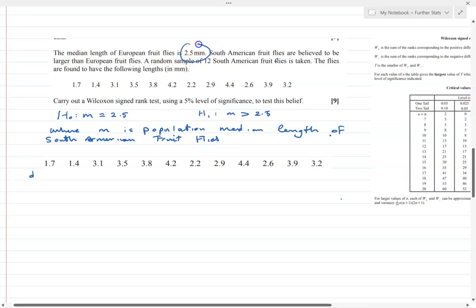The median is 2.5, so we're just finding the difference from 2.5, positive or negative. For example, for 1.7 the difference is minus 0.8, whereas 1.4 is minus 1.1, and 3.1 is plus 0.6, and so on.